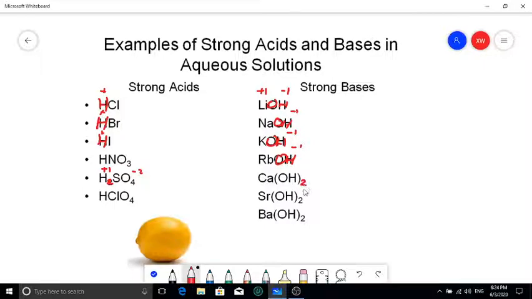Why is there a 2 here, even though these are also bases, okay? That's because calcium, strontium, and barium are group 2 metals, so they have +2 charge, whereas hydroxide is -1 charge. So in order to balance charge, you have to have 2 hydroxides. With the parentheses, you put the 2 outside. Okay, these are strong bases.